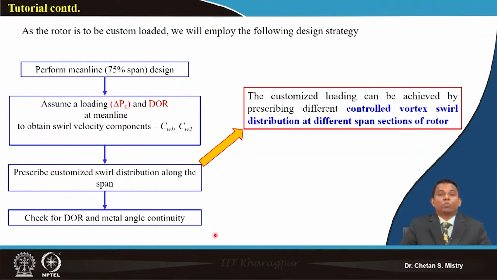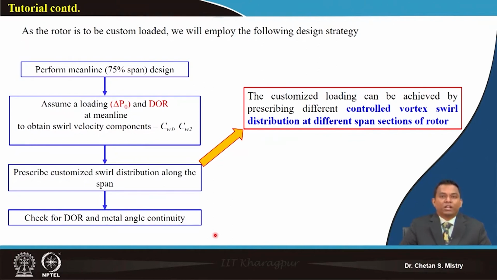In order to lower that, we need to change certain parameters. We can say my loading or work done capacity is a function of my whirl component. So if we are able to manage my entry whirl component and exit whirl component, we will be able to reduce the loading near that region.